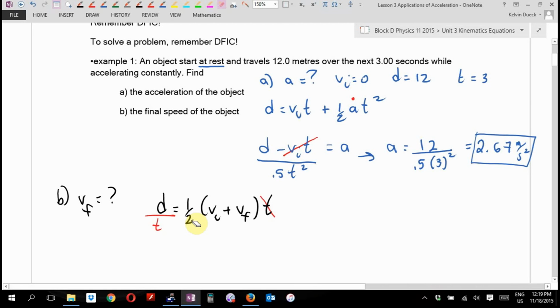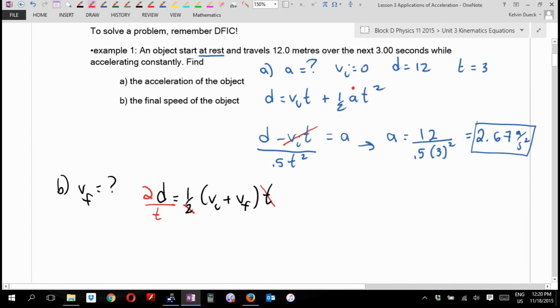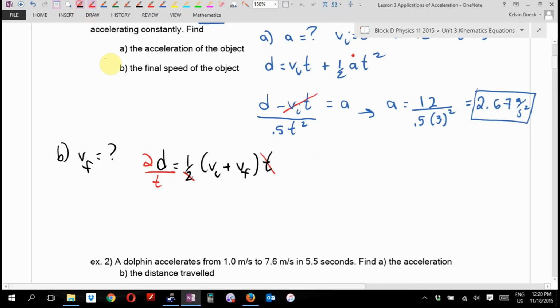So is this 2 multiplying or dividing? Dividing. So how will I move it over? Multiplication. Cross out the 2, put it there. And what I really have, I'll rewrite so you can see: 2D over T.